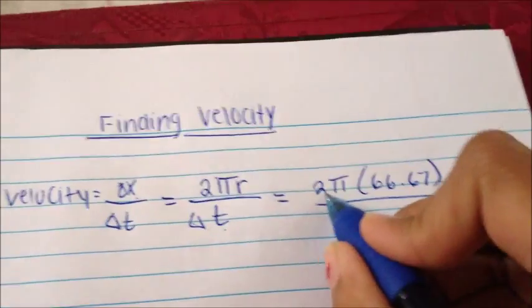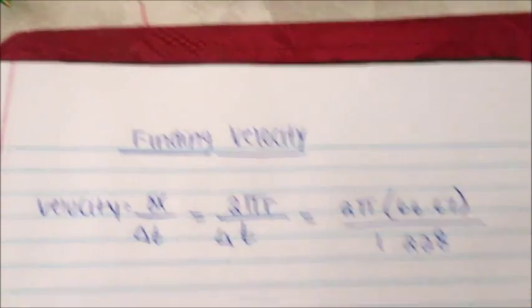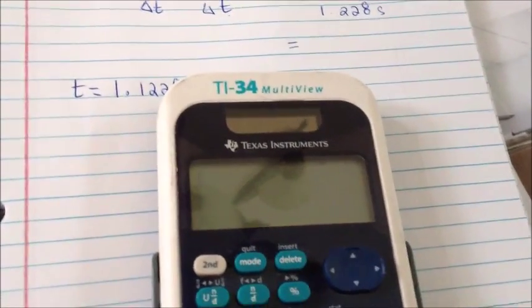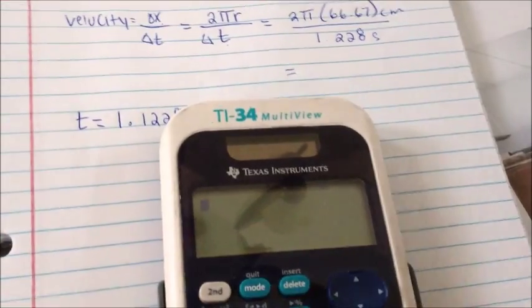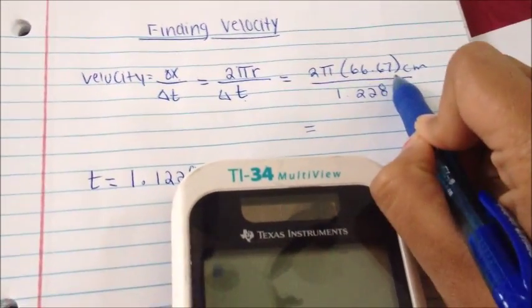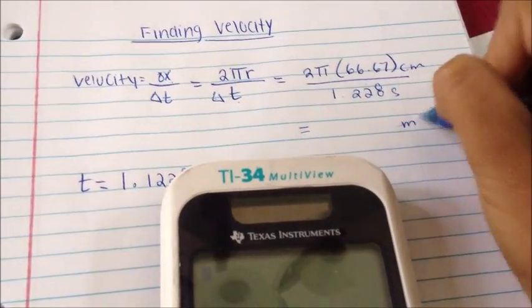So now we have the circumference of the circle over the time. Now we can use our calculator and plug in those numbers. What we want to remember here is 66.67 is in centimeters, and when we're finding velocity, we're finding meters per second.